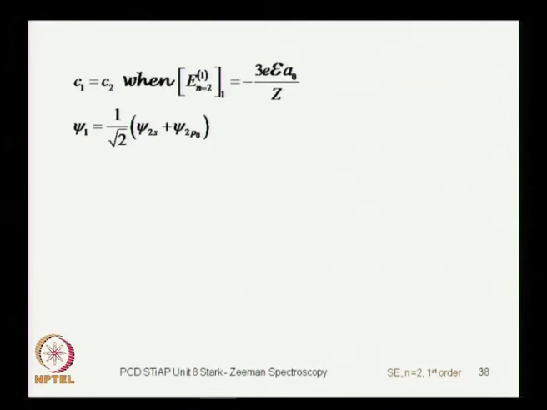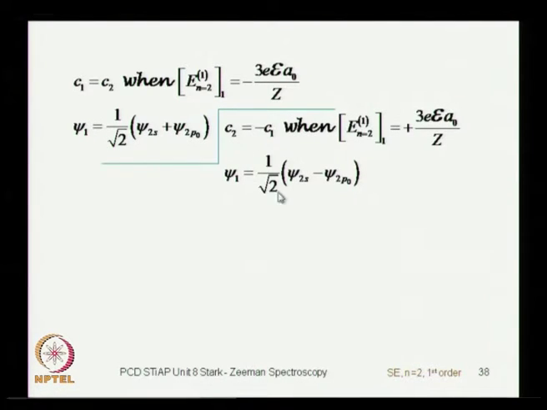Those are the two solutions that you get. One solution is 1 over root 2 times the superposition of the 2s and the 2p0 state, and the other one is also a superposition of 2s with 2p0, but with a minus sign. The weight factors are 1 over root 2 in both cases, but in one case the superposition is in phase, in the other it is out of phase.